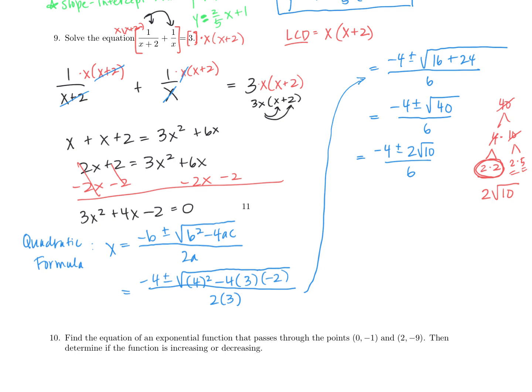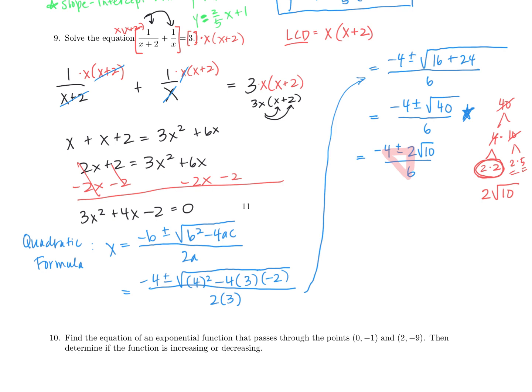And now you can reduce this if all three of these terms have a common factor. They can all be divided by 2. If they weren't all divisible by the 2, then you couldn't do it. So like in this previous example, you could not simplify by 2 because you have a 4 and a 6, but there's nothing here.